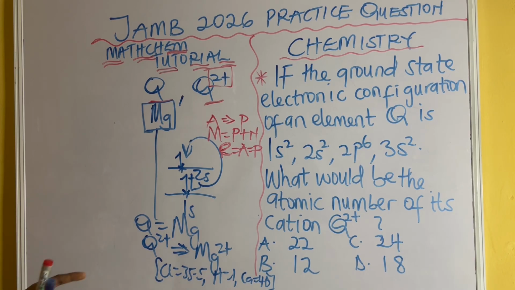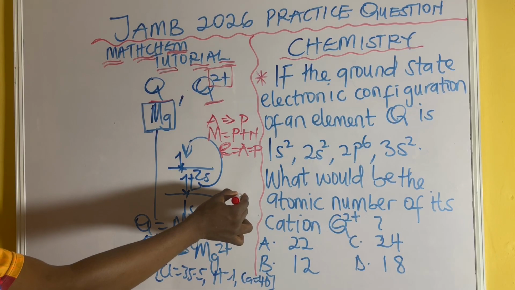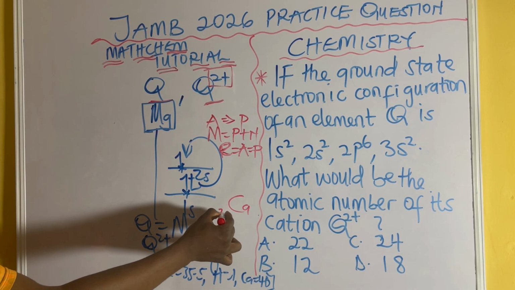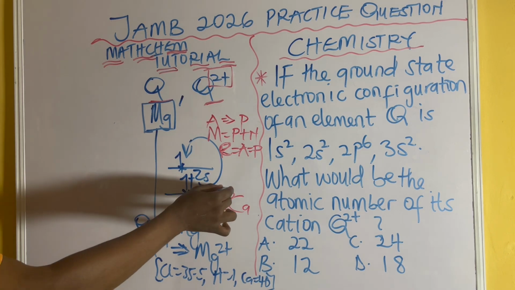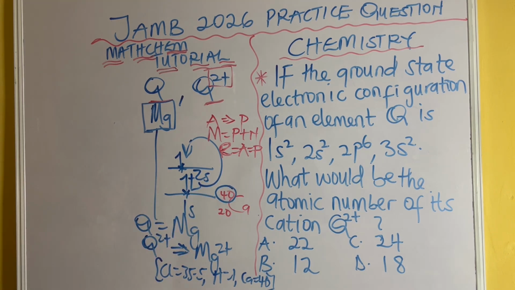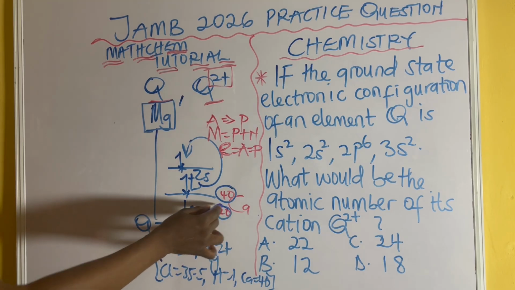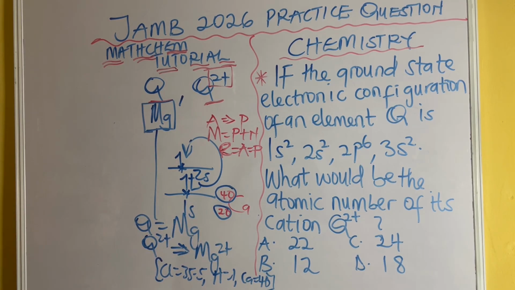Now whenever you see, for example, calcium, it is always written with 20 and 40. The one written at the upper part is the relative atomic mass, known as the mass number, while the one below is just the atomic number.